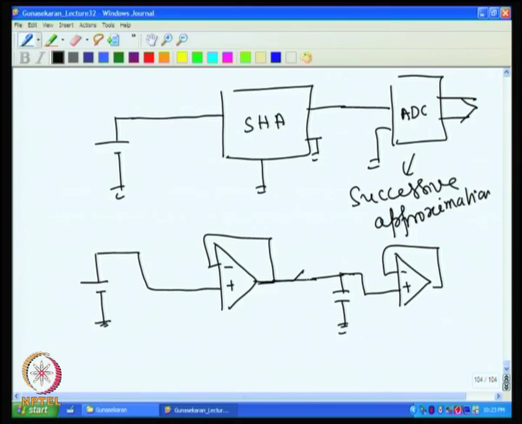We will have, for example, a switch here. Then we have Vi, then the switch S1, and then the output, this is to the ADC. So this is the hold capacitor which charges up.